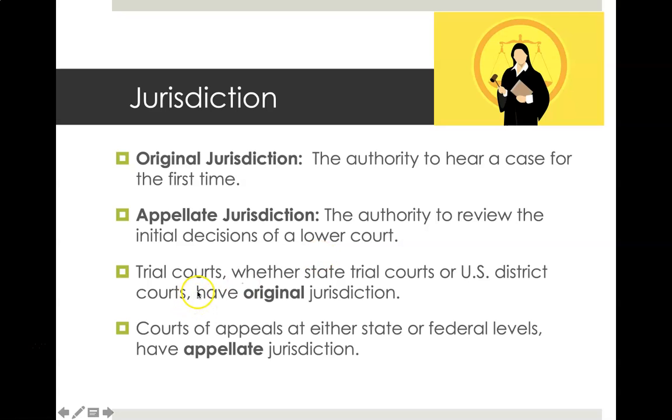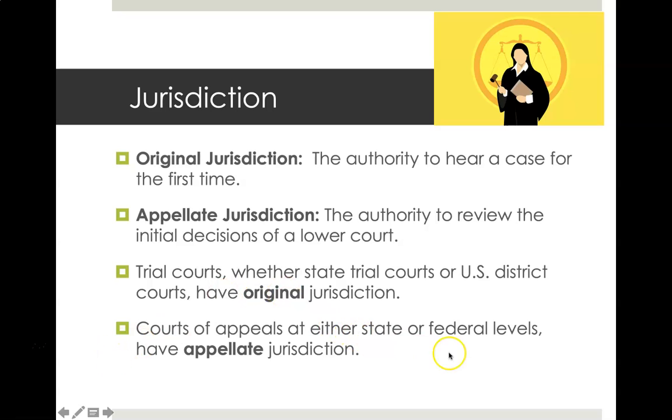You've also got trial courts, whether state trial courts or U.S. district courts, that have original jurisdiction. So like we said, an example of a trial court would be something like your local courthouse, and that's where they would just hold trials. You even have state trial courts, so we would get to that later.